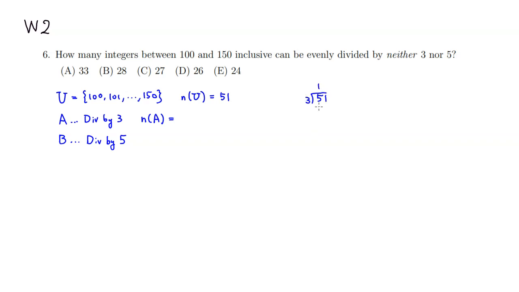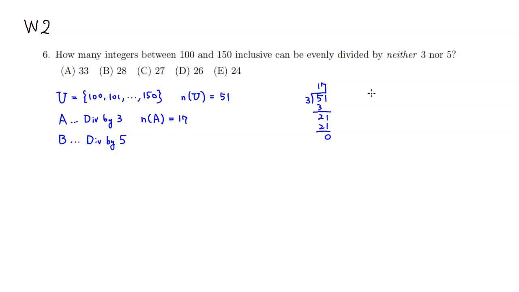It's 3 into 21 and 17. So 21, and it divides evenly. So there are 17 sets of 3 numbers, and each set has one number divisible by 3. So we know that there should be 17. Right? We got that.